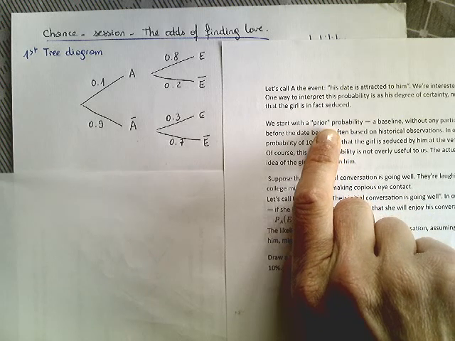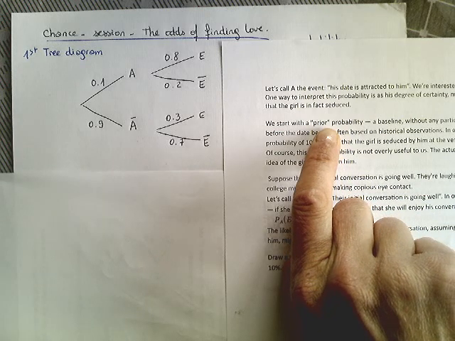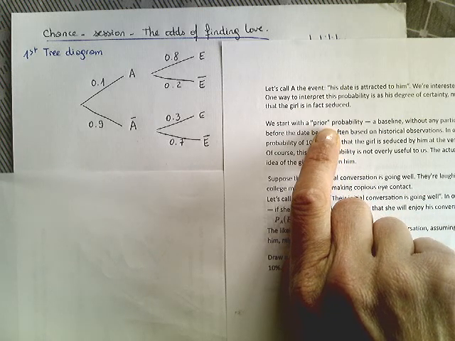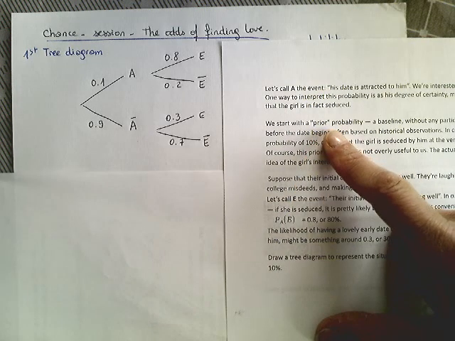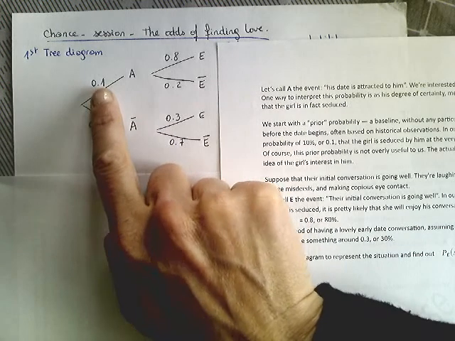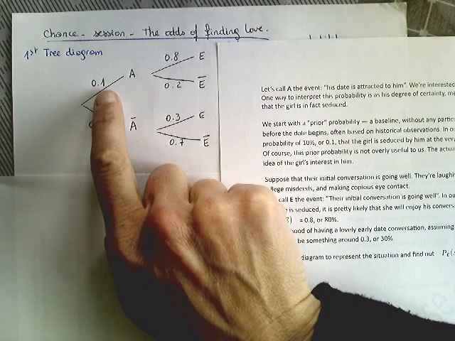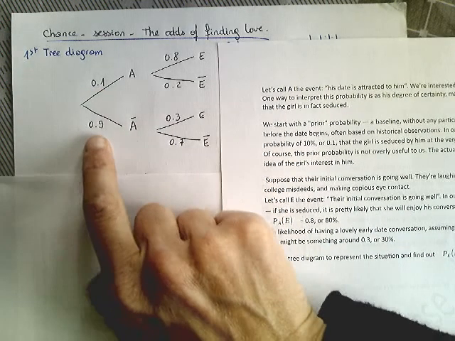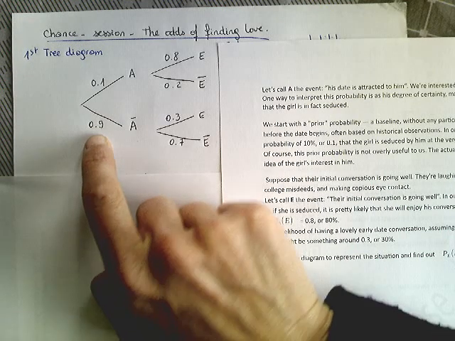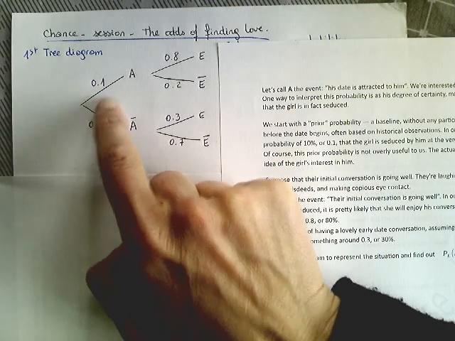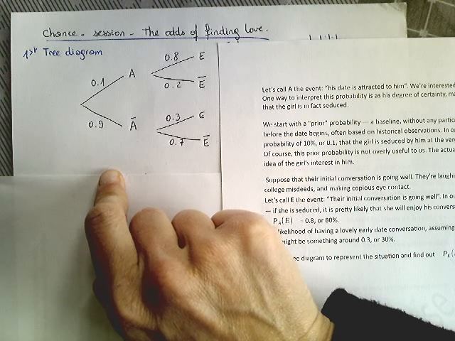This is a guess, a baseline, nothing really serious about the numbers in this exercise. So we start with 10% or 0.1. Here we'll have 0.9 because the two of them add to 1.